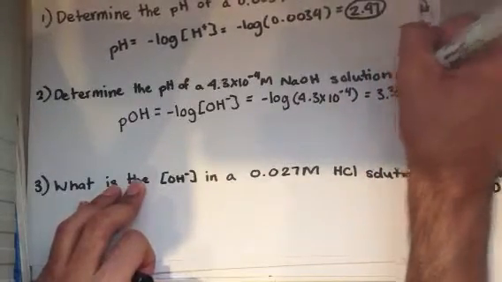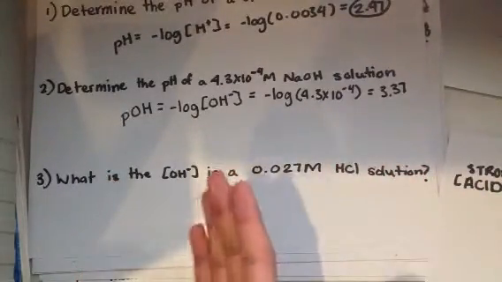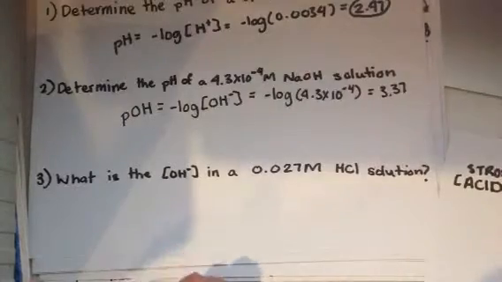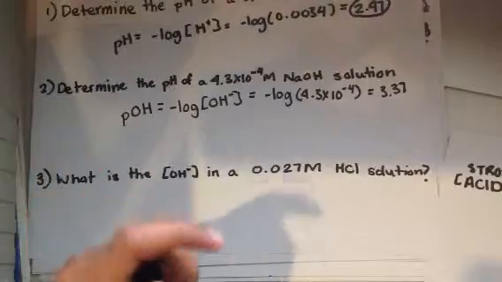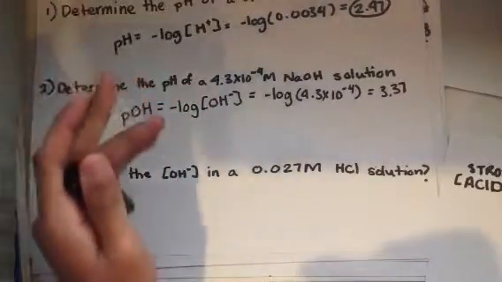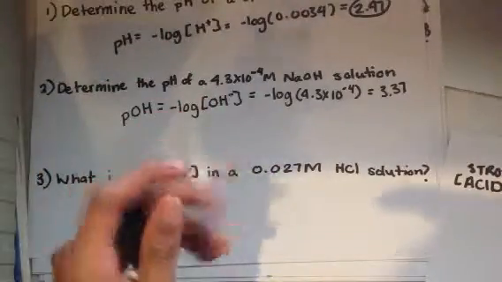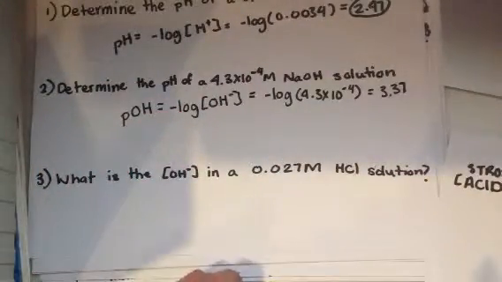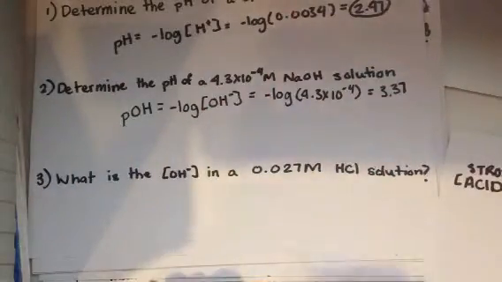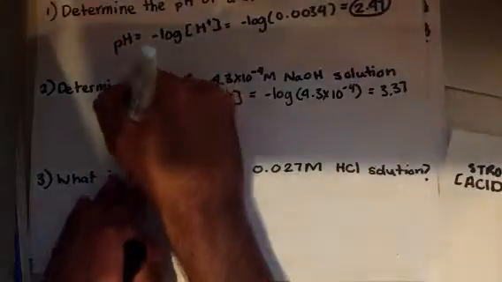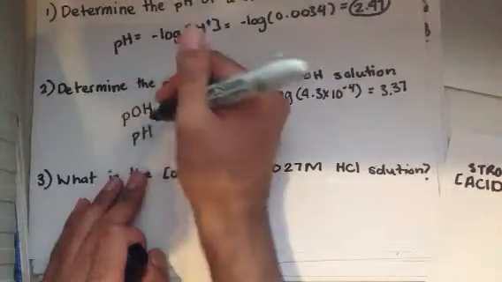Now you might be thinking, why is that such a low number? Well, because pOH and pH scales are backwards. Where acids would be on the pH scale, bases replace them, and where bases are on the pH scale, acids go there. So it's backwards, and so this is a reasonable answer to get for the pOH of a strong base.